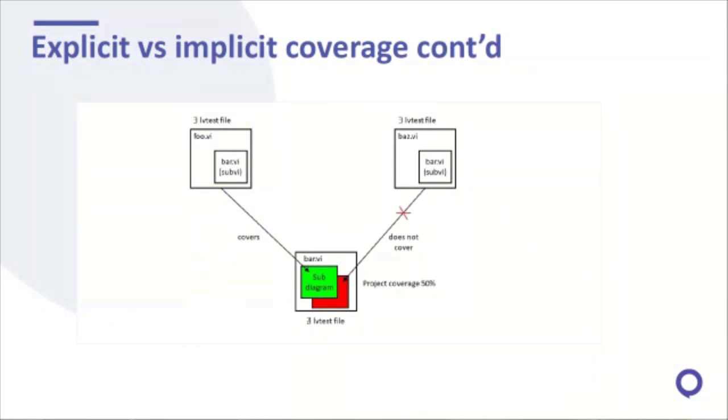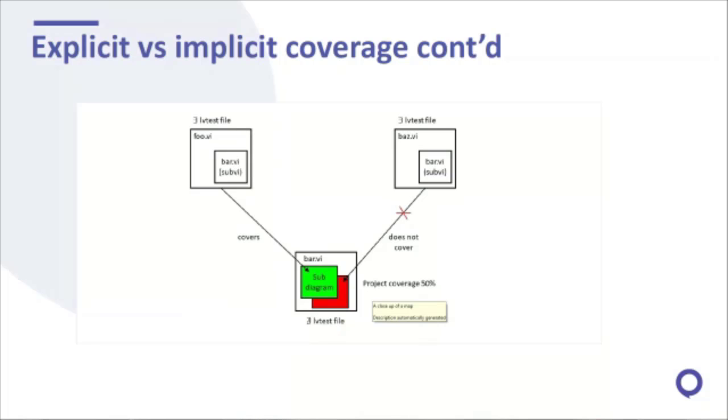Another example, to make this point clearer: you may have three VIs, foo, buzz, and bar, and you have two tests, for foo and buzz, and both call bar as a sub VI. Foo executes within bar one sub diagram, and the other, red sub diagram, will not be executed by any of foo, bar or buzz.